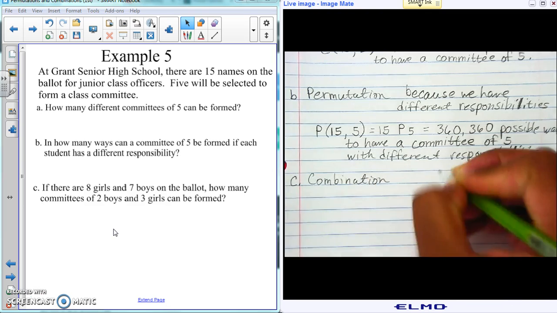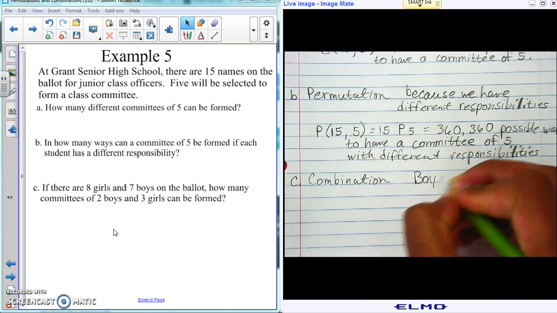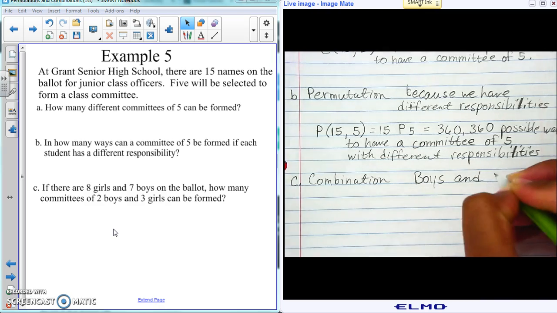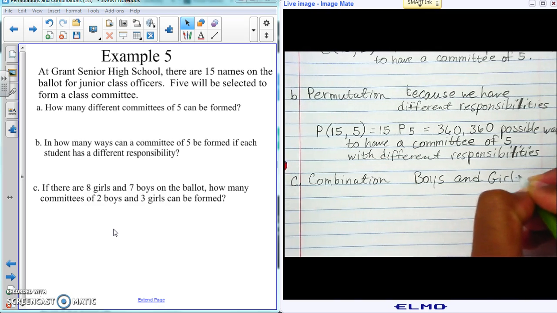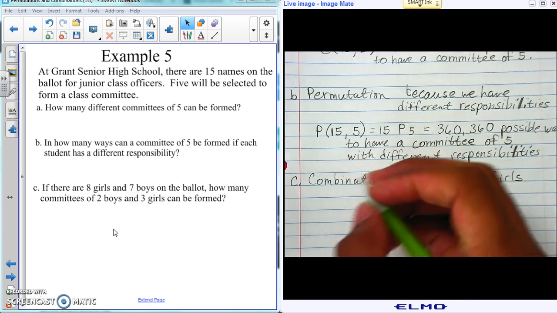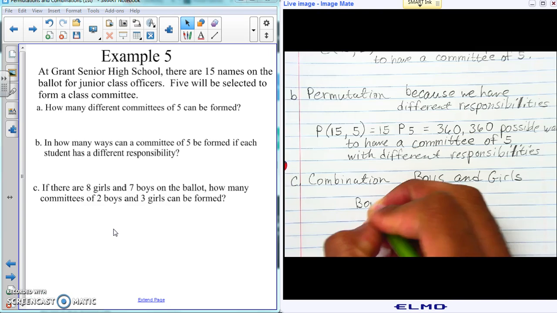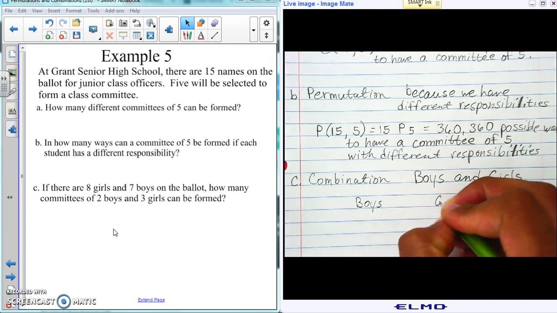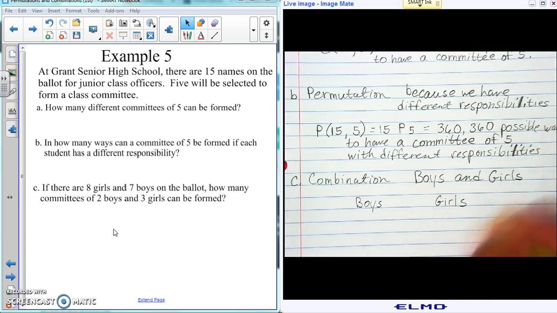We're just talking about boys and girls. So we're going to have to deal with the boys by themselves and the girls by themselves. Let's start with the boys, then the girls. So we have to find a combination of the boys, find a combination of the girls, and then go from there.